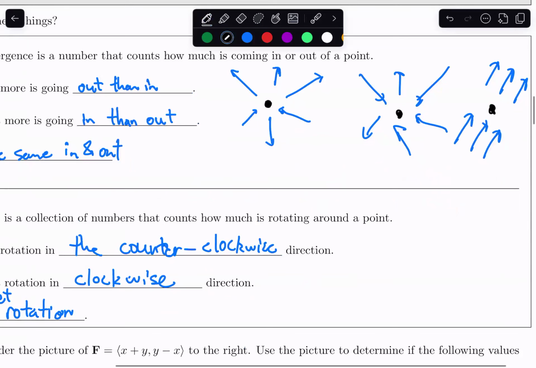So let's try to draw something here. I think all of these vectors here would be trying to rotate around in this counterclockwise direction. And then let's have maybe one going in the opposite direction just to show they don't all need to agree, but overall there's more going in the counterclockwise direction than in the clockwise direction.